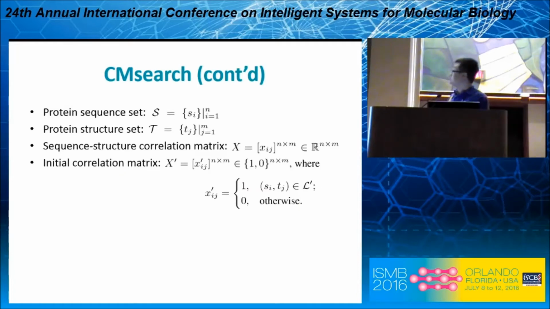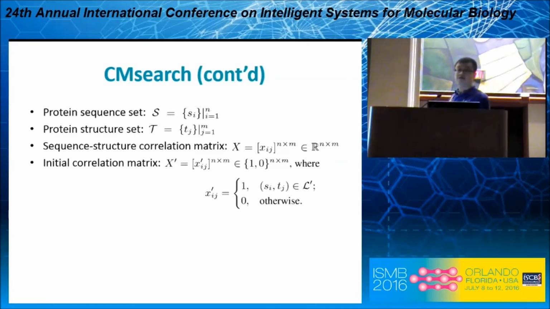So mathematically speaking, suppose I have a protein sequence space denoted as S that contains n sequences. And suppose I have a structure space denoted as T that contains m structures. N is not necessarily equal to m. So the final many-to-many mapping matrix I want to learn, I denote as X, which is of dimension n times m.